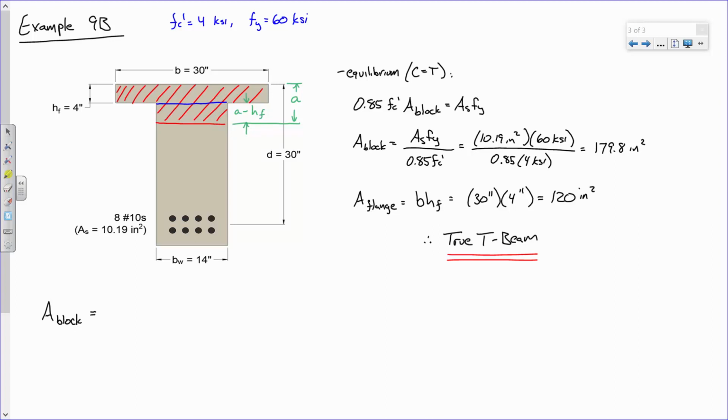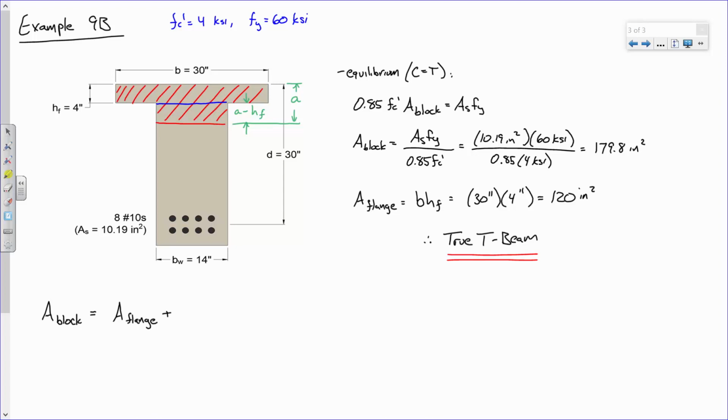So, symbolically, what is the area of the upper portion? B times HF, but haven't we already computed that? That's the area of the flange, right? So we could say it's the area of the flange plus something. Plus that block down below.